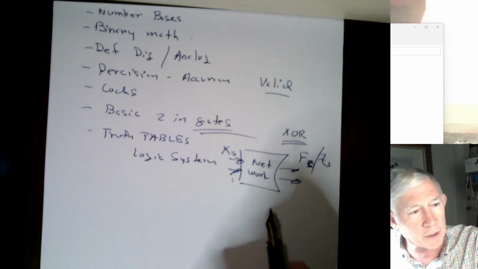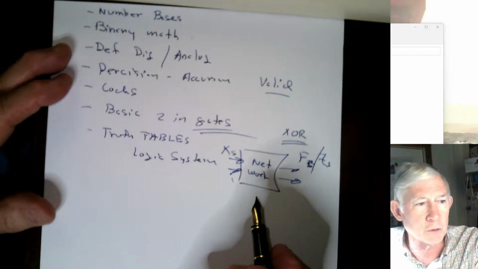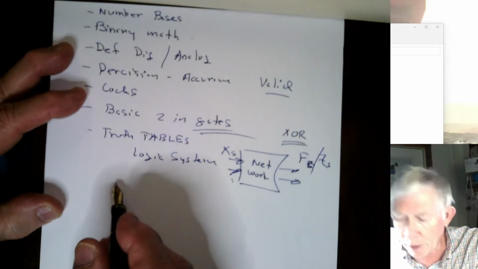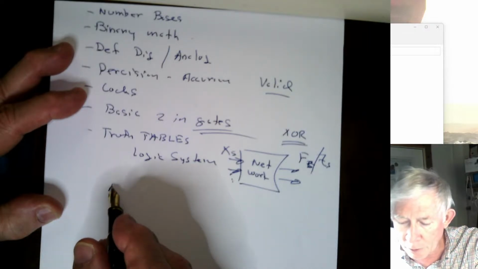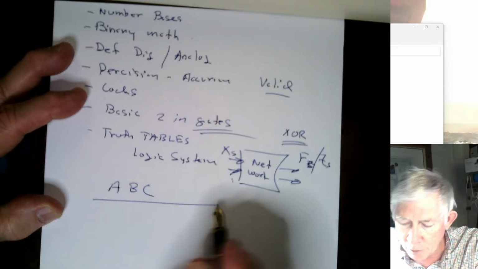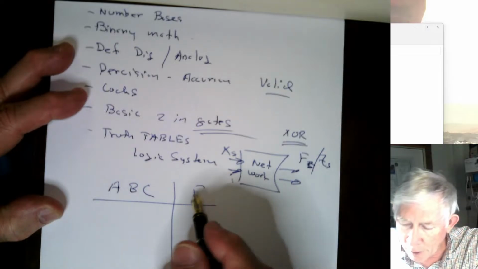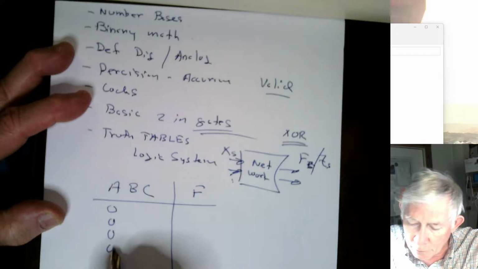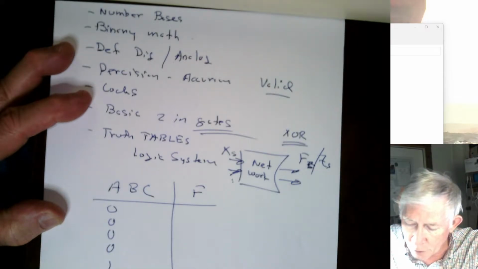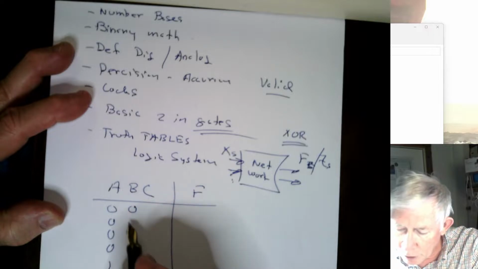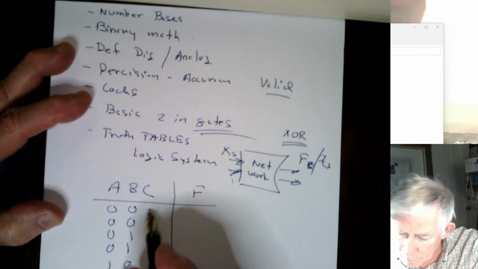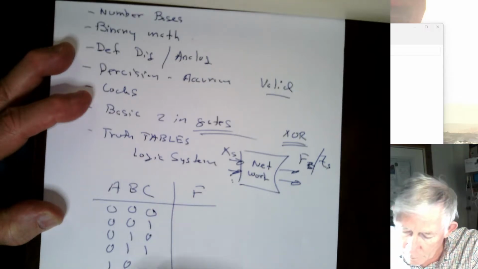Now here's one of the things that causes a lot of confusion with students. Let's say we have a little truth table with three inputs, and we'll label these inputs A, B, and C, and then we'll label the output F. So we're going to have 8 rows, and we're going to code it up like this.